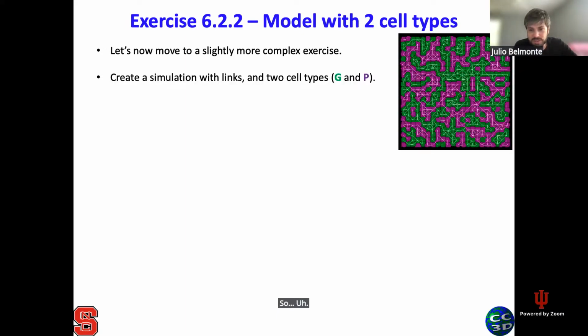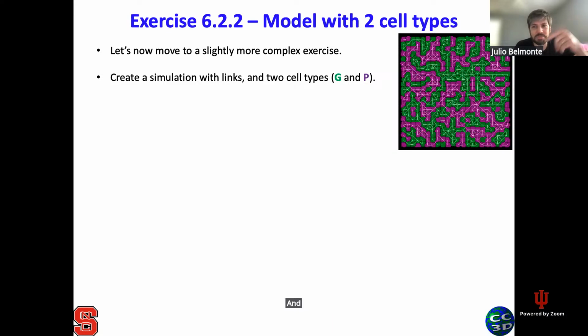So let's go back to the Twedit and create a new file, a new CompuCell3D project. Let's call it module 6_2_sorting links.